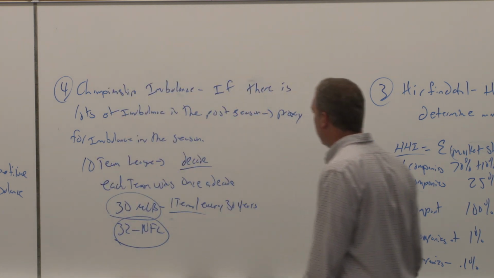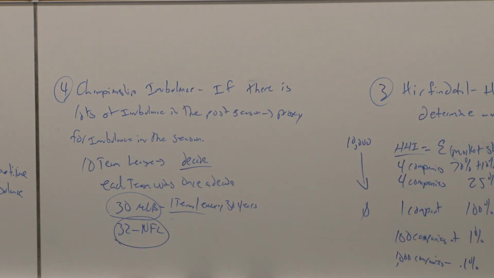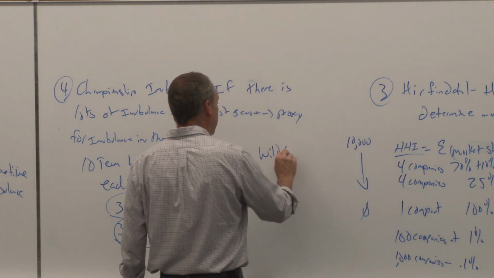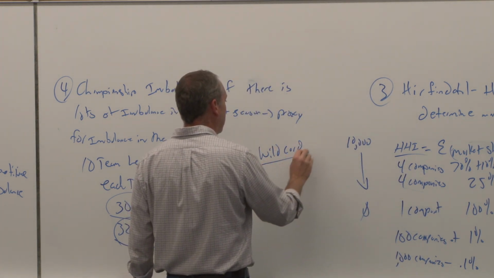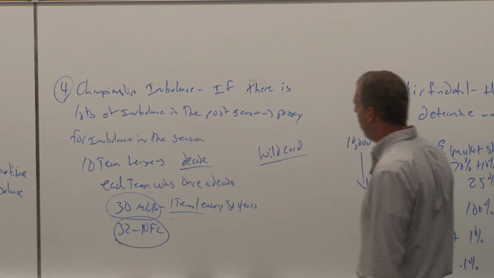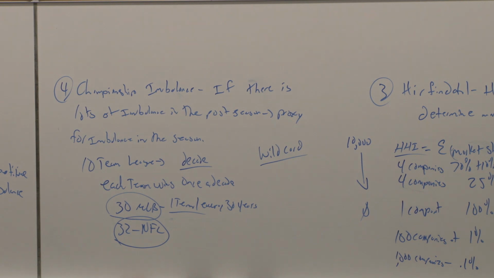Similar things here. All right. Once again, we use it as a proxy. I mean, this is one of the reasons that you have the wild card, right? The whole idea behind wild cards, basically it gives more sport.